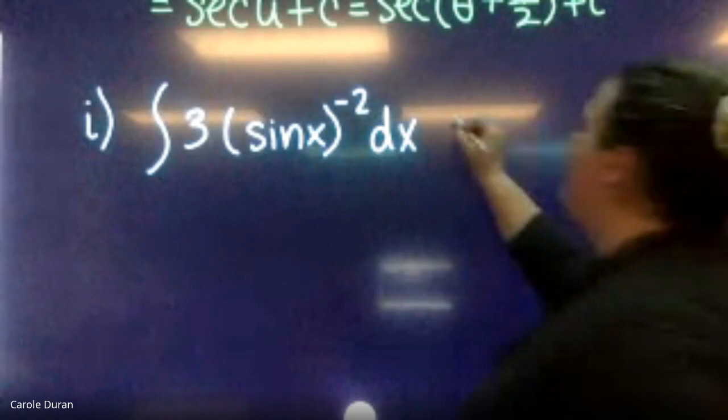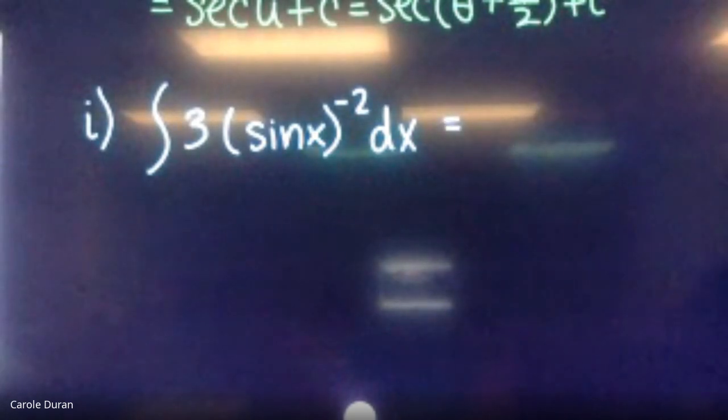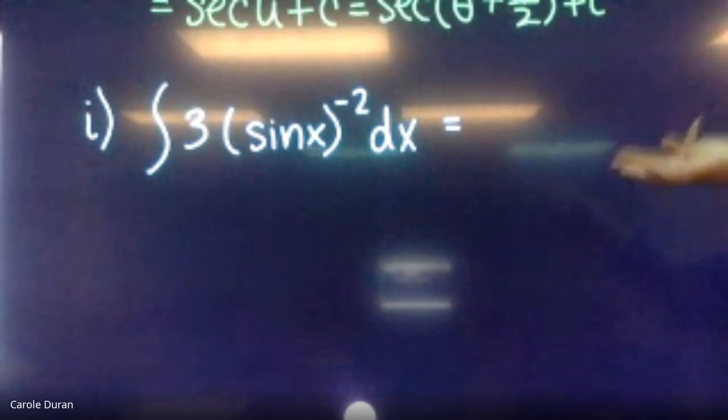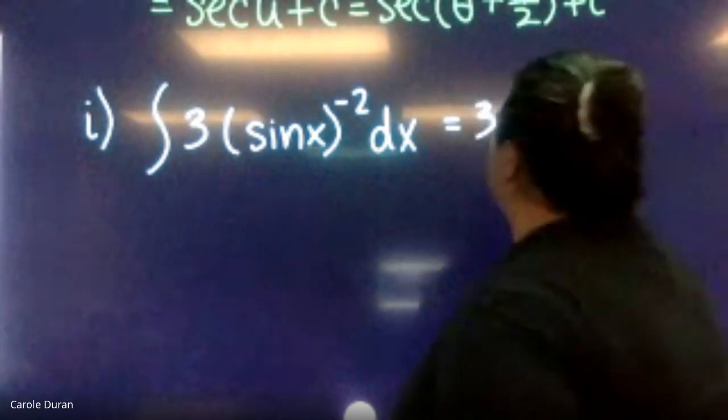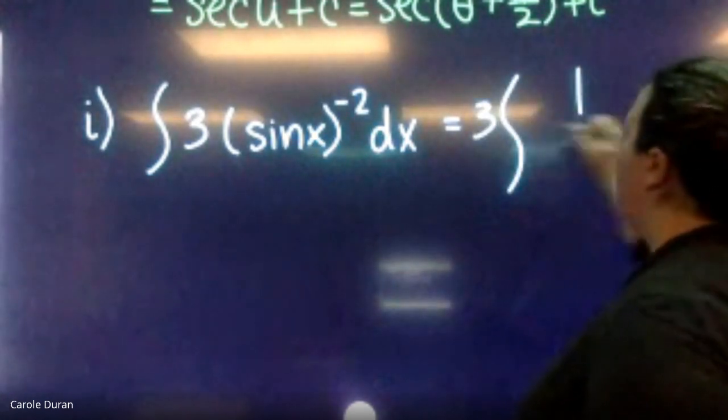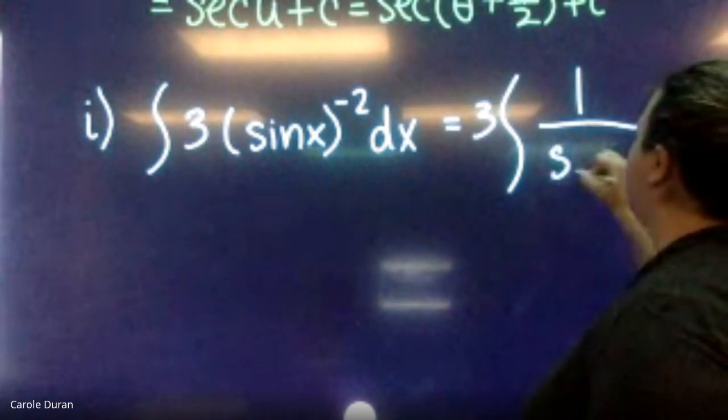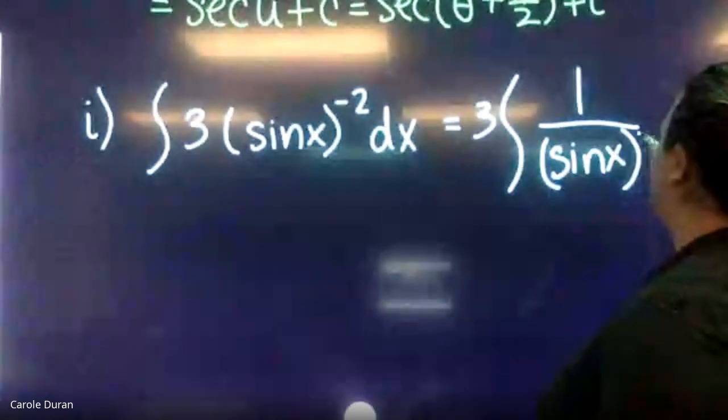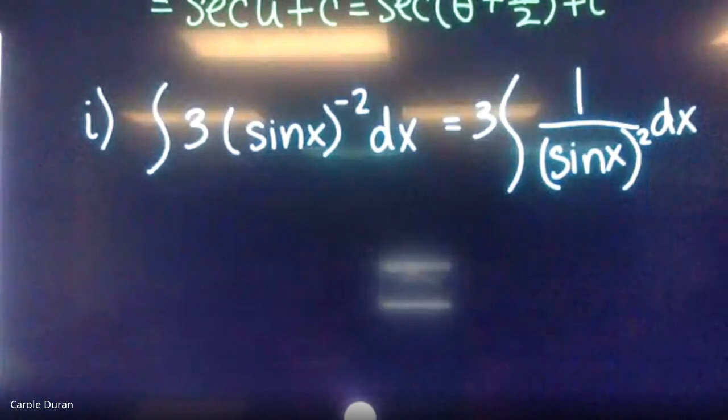Because it didn't apply before. So the first thing I'm going to do is pull that 3 and put it in front of my integral so I don't have to worry about it. So this is the same as 3 times the integral of 1 over sine of x squared dx. What is 1 over sine of x?